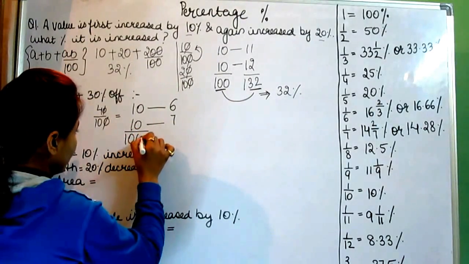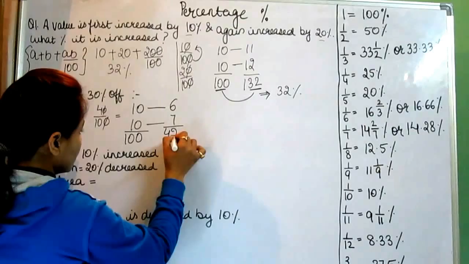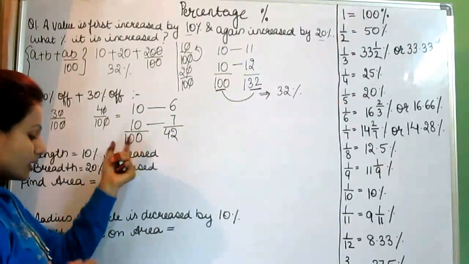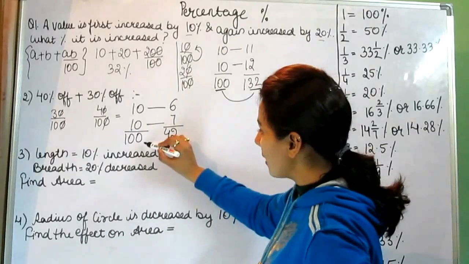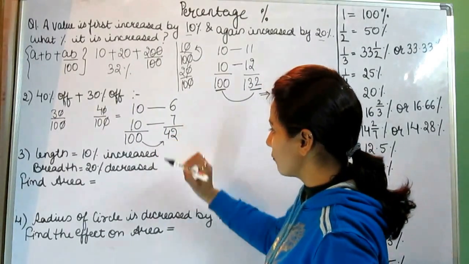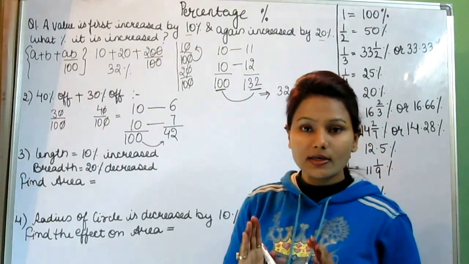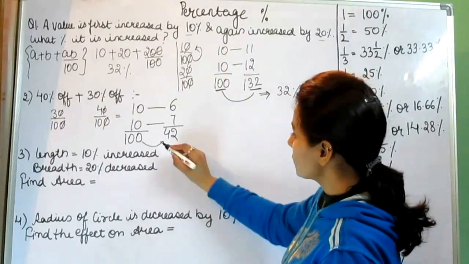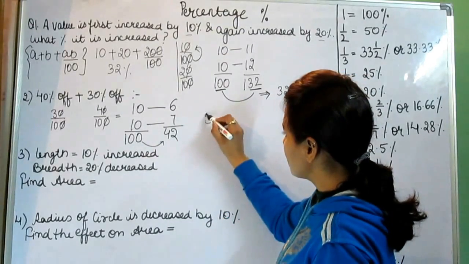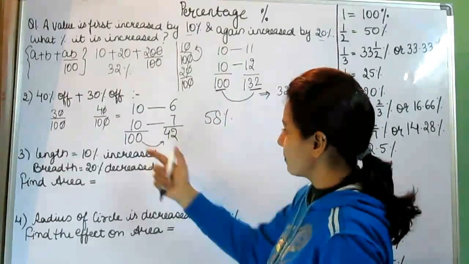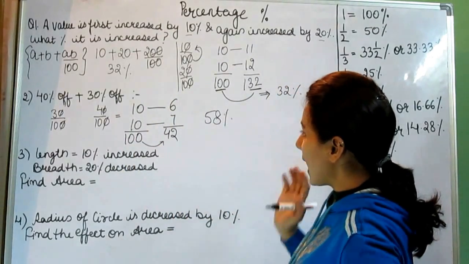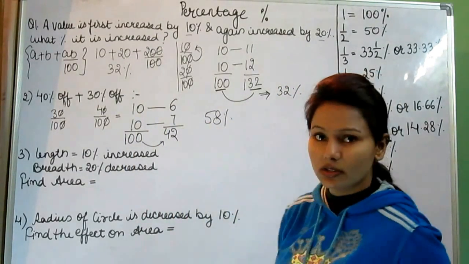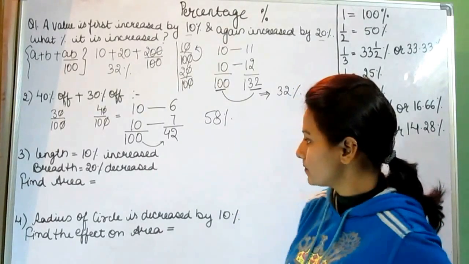And this is 100 and it is 42. So the value of the product was 100, but after giving the discount it becomes 42. So what is the actual discount? The discount was 58%. When you subtract 42 from 100, you get 58. So the actual off was 58%, not 70%.